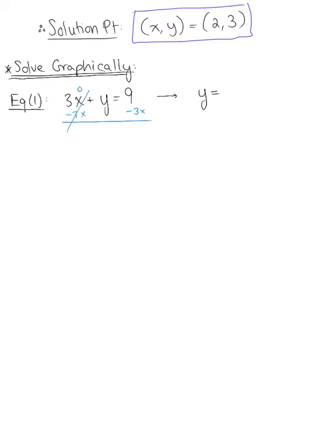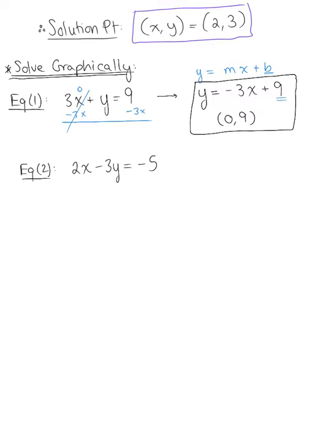We now have the solution point, which sits on this line, and the y-intercept, which also sits on the line. And all you need to sketch a graph of a line is 2 points. We'll do the same thing now with equation 2, which was given to us as 2x minus 3y is equal to negative 5, and we want to convert this to slope-intercept form.